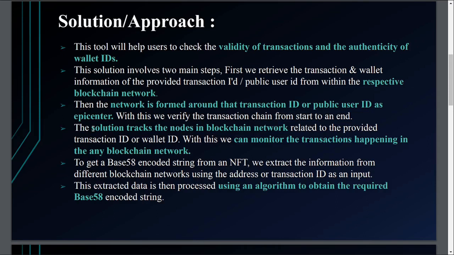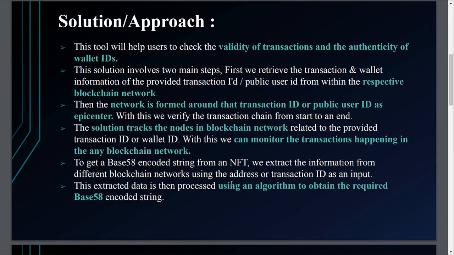With this, we can monitor the transactions happening in a particular blockchain or in any blockchain network using the particular wallet ID. An NFT, a $1 million transaction, is made by just transferring one NFT from one wallet ID to another wallet ID. In our tool, we are also able to authenticate and validate the NFT with the linked wallet ID.